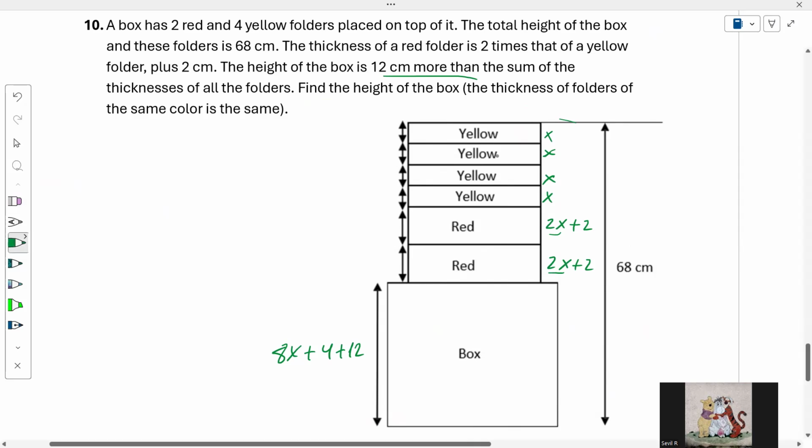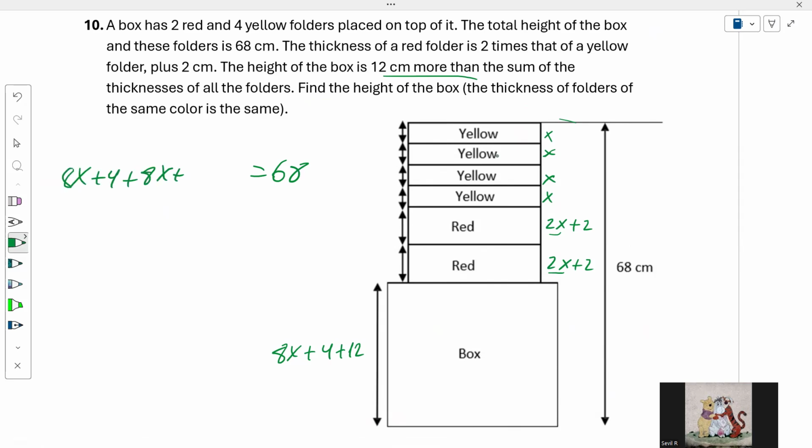All right. So what we see is 68. And if you collect like terms, x plus x, which we said 8x plus 4. So 8x plus 4 plus another 8x plus 4 plus 12 is 68. 16x plus 20 equals 68, 16x equals 48, x equals 3.